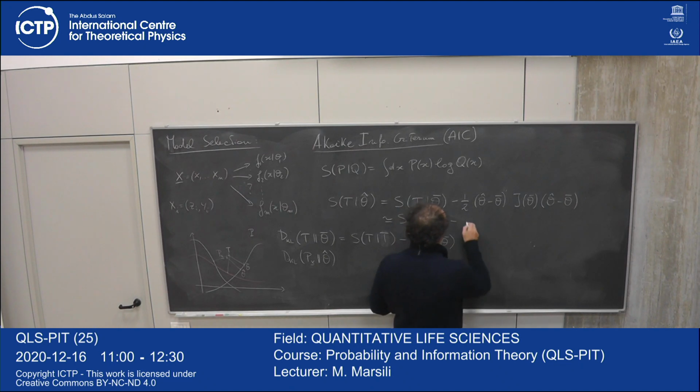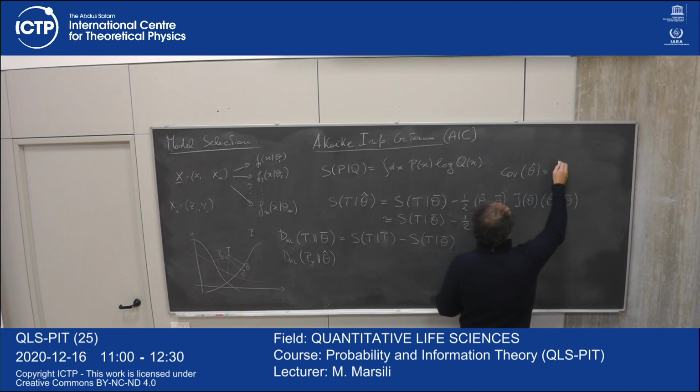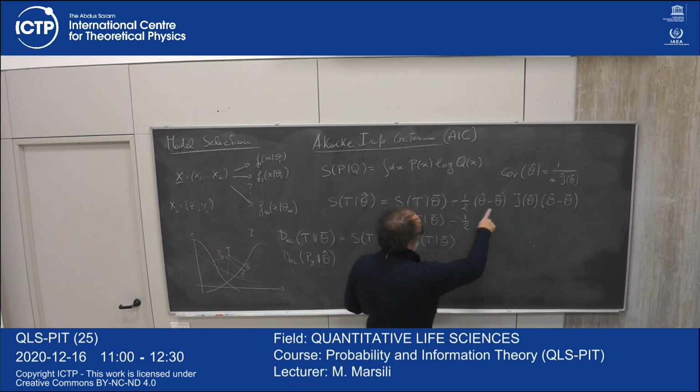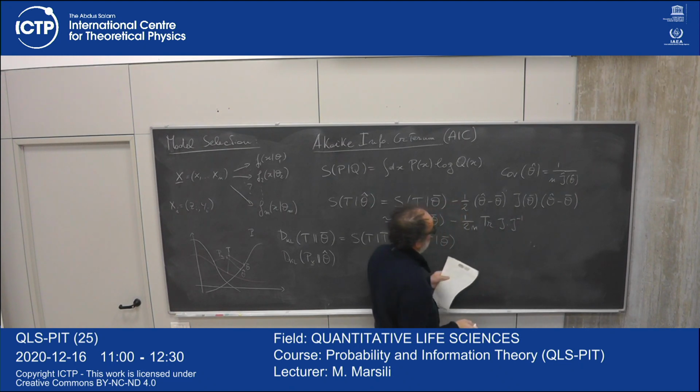So if you say that the covariance of theta hat is 1/n times the Fisher information inverse, then you see what you get here. Here you get 1/2n times the trace of j times j to the minus 1.